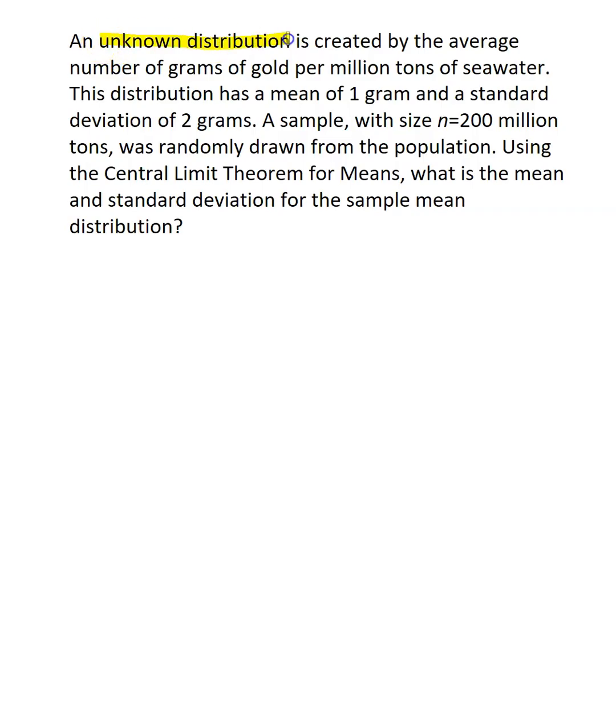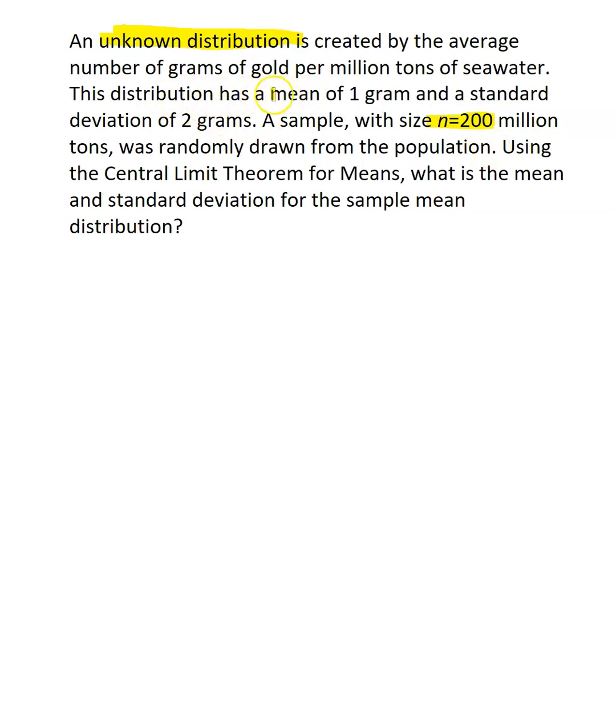Again, we have an unknown distribution, and it's created by the average number of grams of gold per million tons of seawater. So this 200 is well above the 30 mark. That is good, because for an unknown distribution, we want to quickly check the sample size.